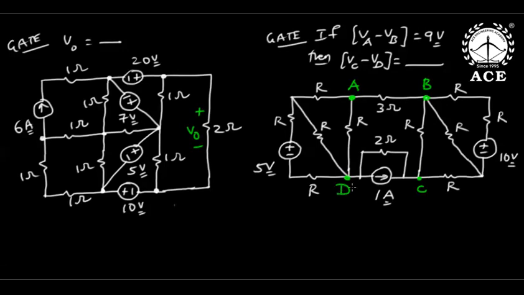Okay, everybody. If VA minus VB is 9 volts, VC minus VD is how much? Quick, everybody.